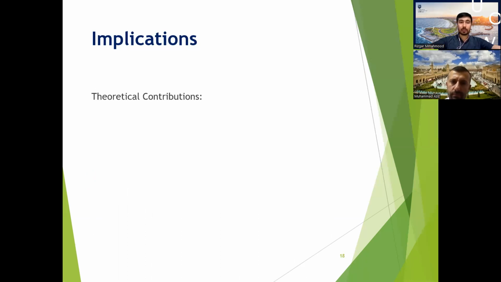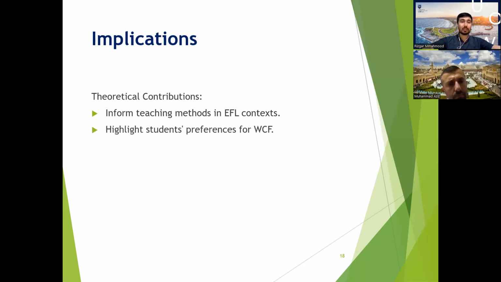In terms of theoretical contributions, it has some implications. For example, it informs teaching methods in EFL contexts. That is, corrective feedback is important and plays a vital role in EFL contexts as well. Second, it highlights students' preferences for written corrective feedback in terms of explicit or implicit types.